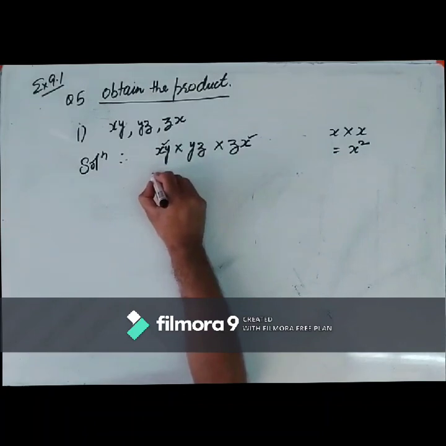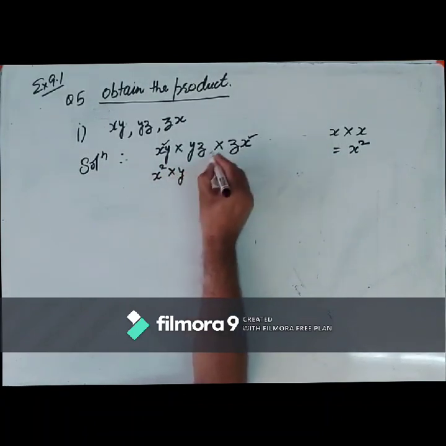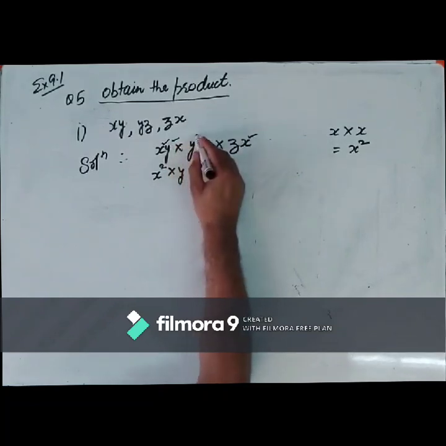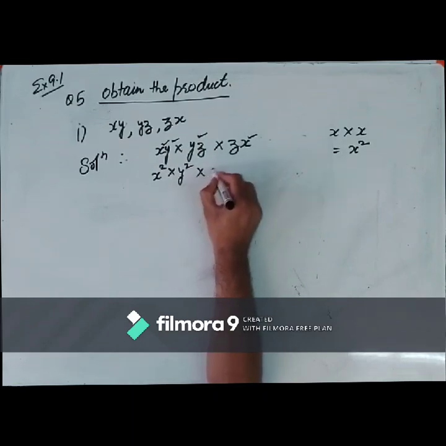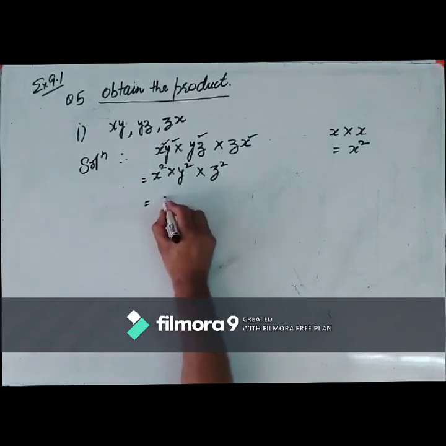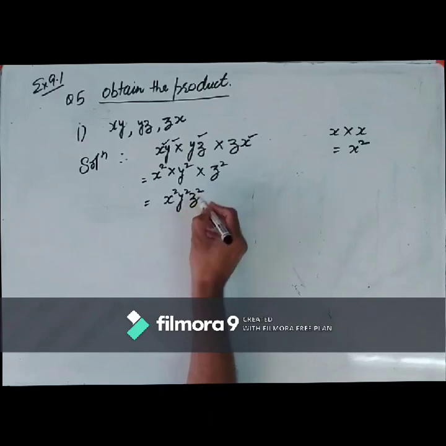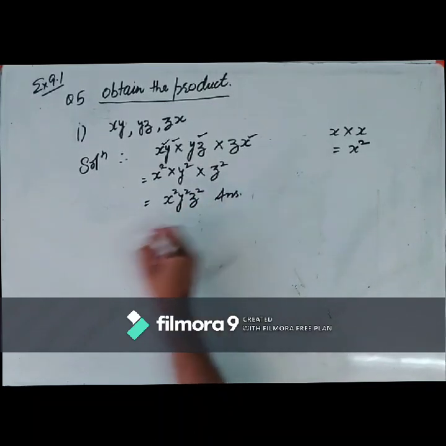Then y into y, y multiplied by y is y square, and z square similarly. And this will be your answer, x square y square z square. So this is your answer.